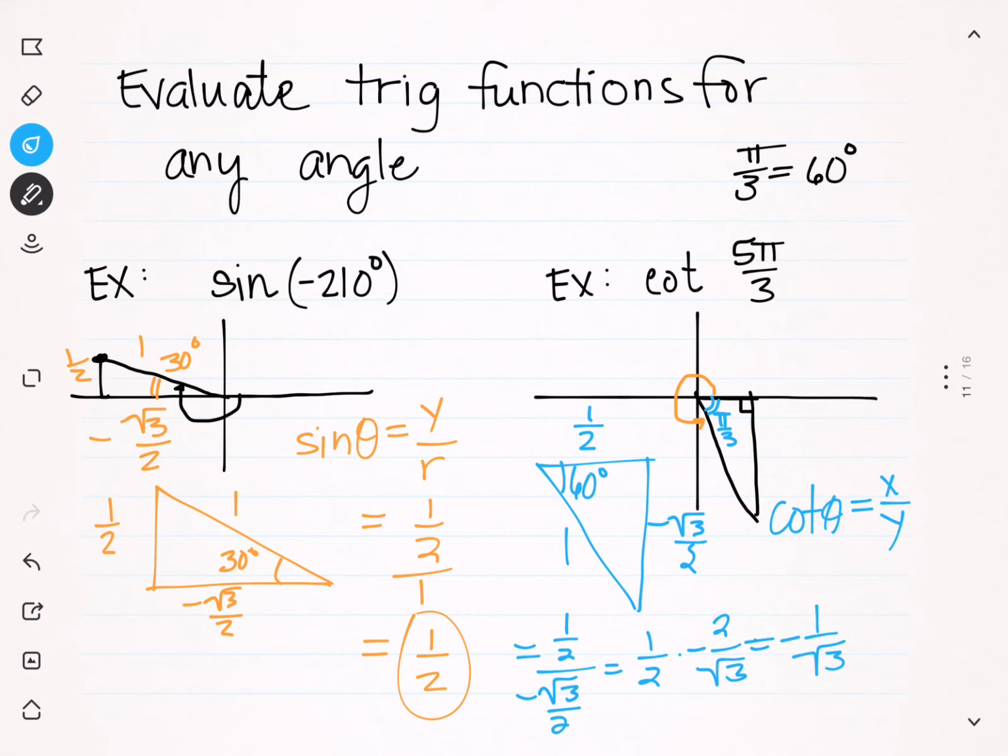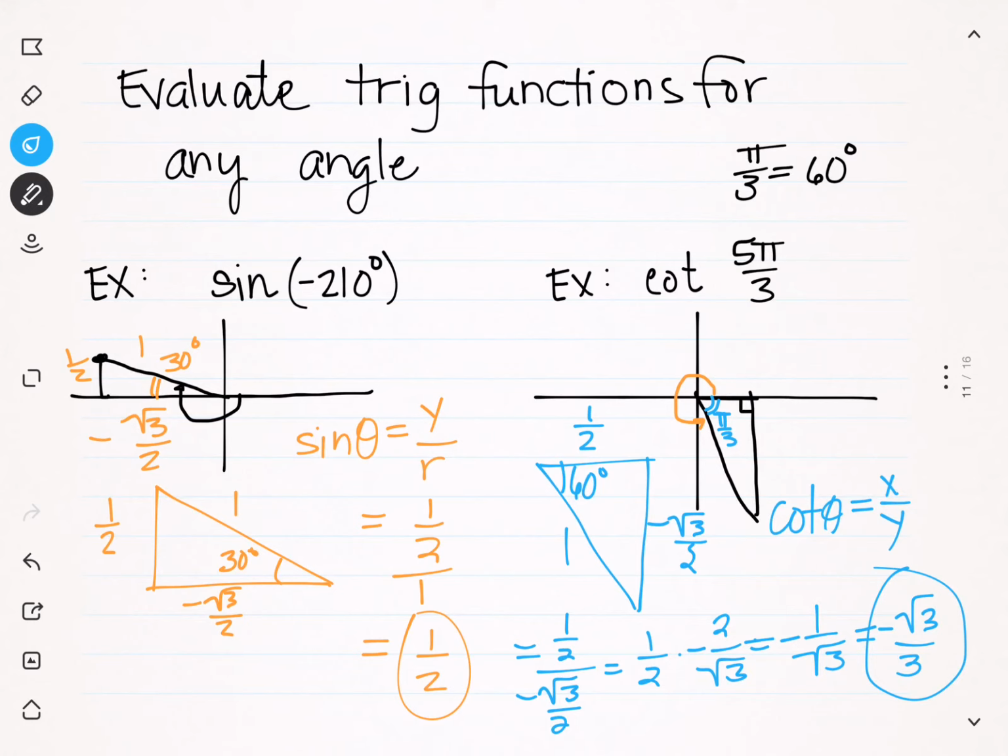We need to get rid of our radical in the denominator, so we multiply the top and bottom by root 3 over 3, and that's going to give us a final answer of negative root 3 over positive 3. That's the cotangent of 5 pi over 3.